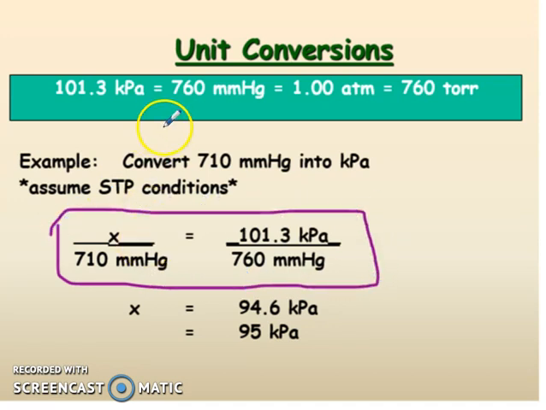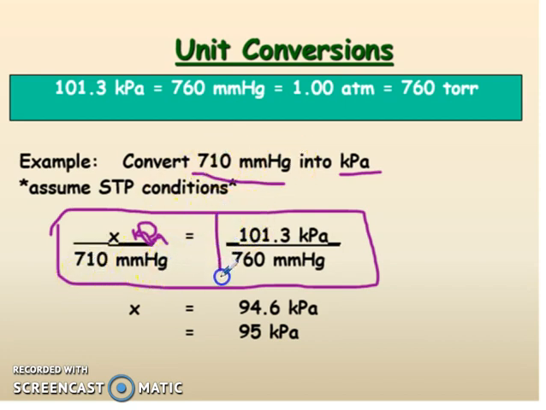So let's look at our question. We have: convert 710 millimeters of mercury into kPa. X is what we want, in units of kPa. What we have is 710 millimeters of mercury.